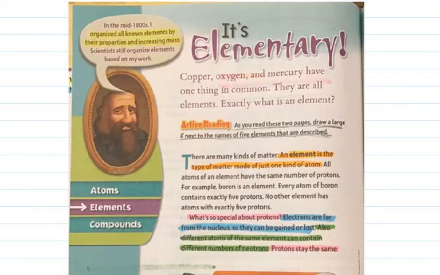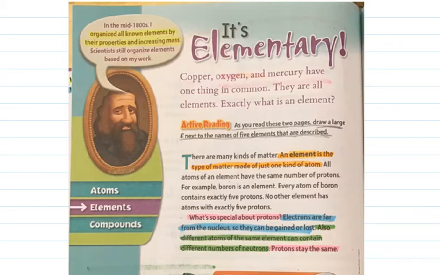Okie dokie, I'm going to start reading the paragraph. I need you to follow along with me. There are many kinds of matter. An element is the type of matter made of just one kind of atom. All atoms of an element have the same number of protons. For example, boron is an element. Every atom of boron contains exactly 5 protons. No other element has atoms with exactly 5 protons.